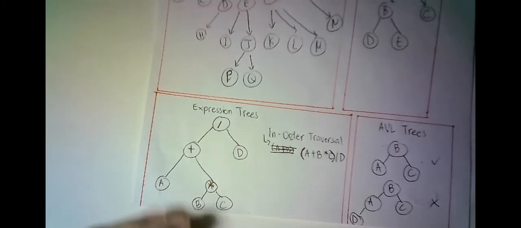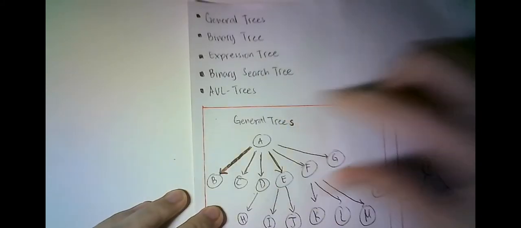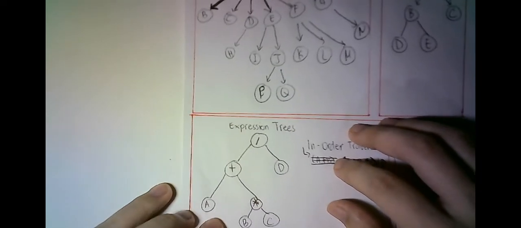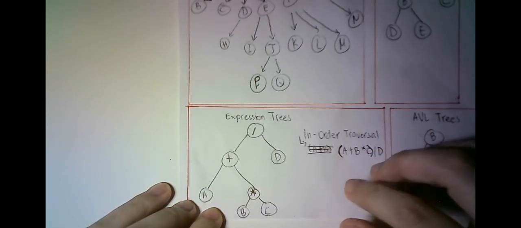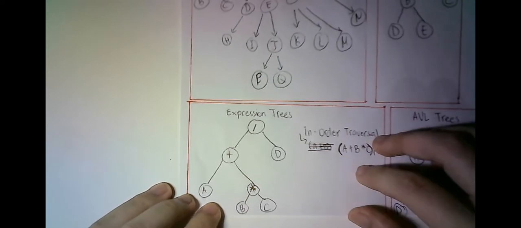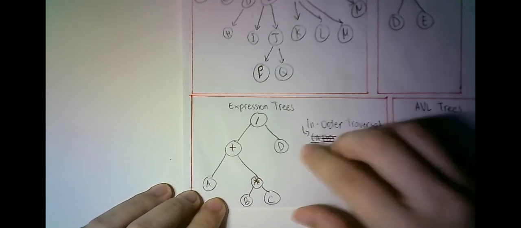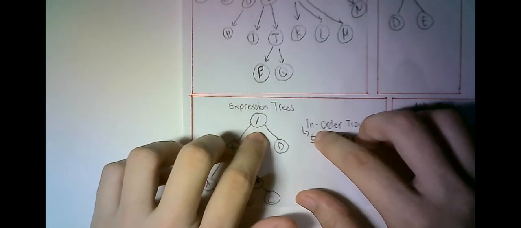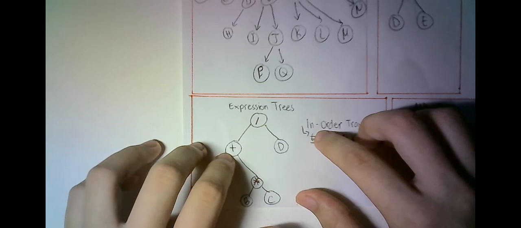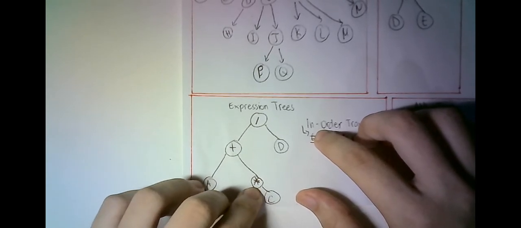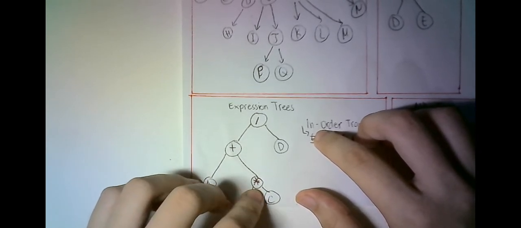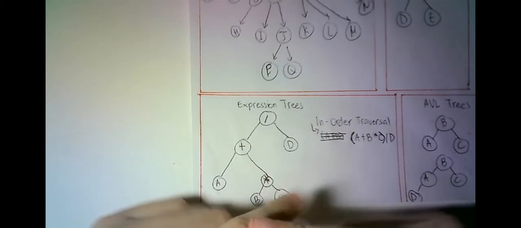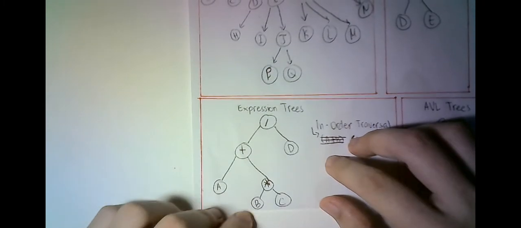Alright, so next is the expression tree. What it does is deal with expressions like in math. In our example of an expression tree right here, we see the division sign, the addition sign, and the multiplication sign, or the asterisk, or you can just say it's the x sign.